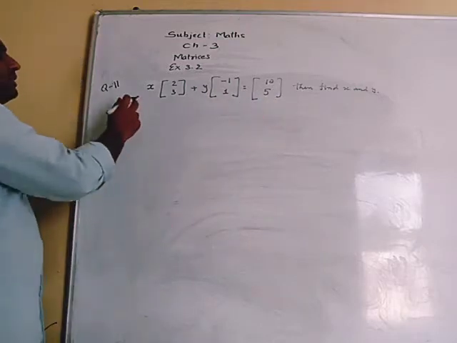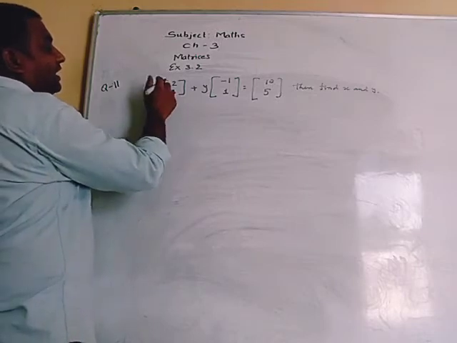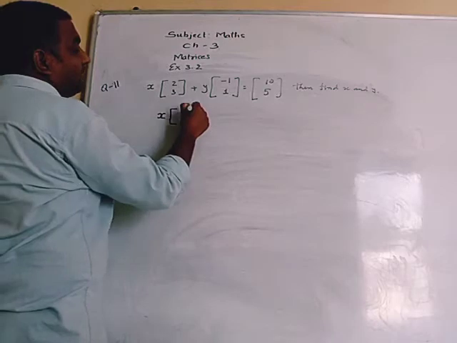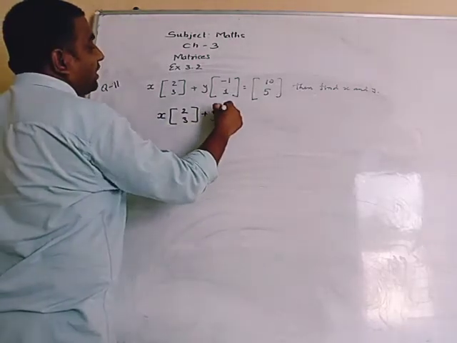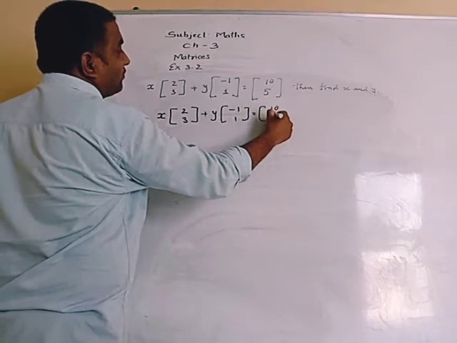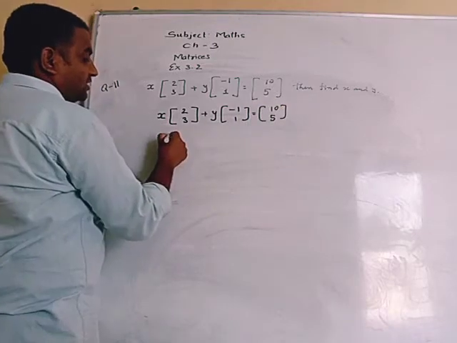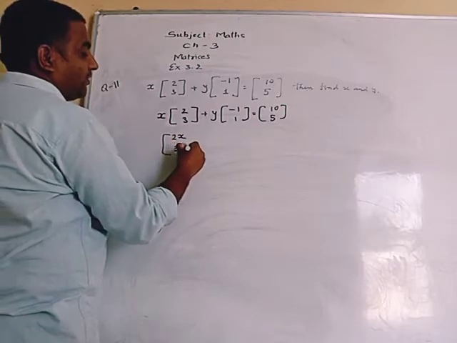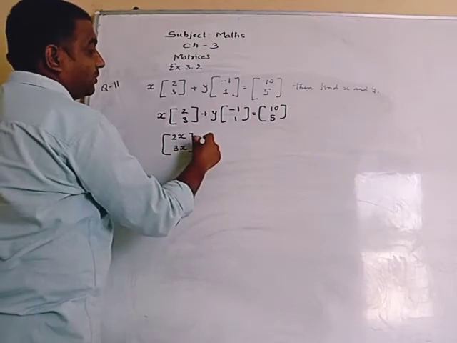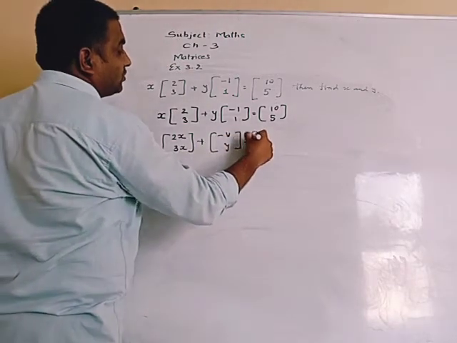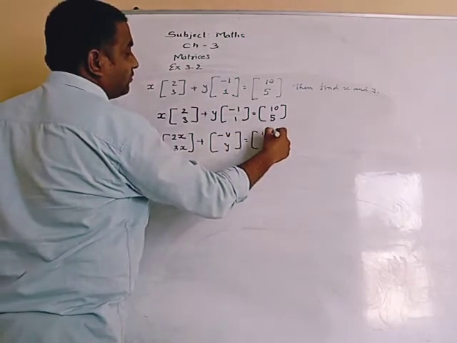Matrix multiplication with the scalar value: we have the given matrix x into [2 3] plus y into [-1 1] equals [10 5]. Multiplying inside, we get [2x 3x] plus [-y y] equals [10 5].